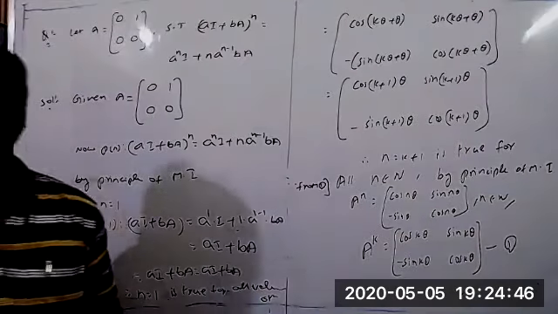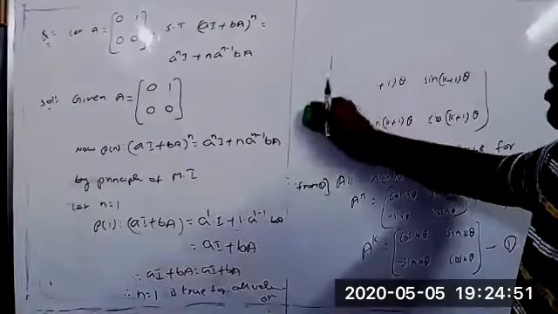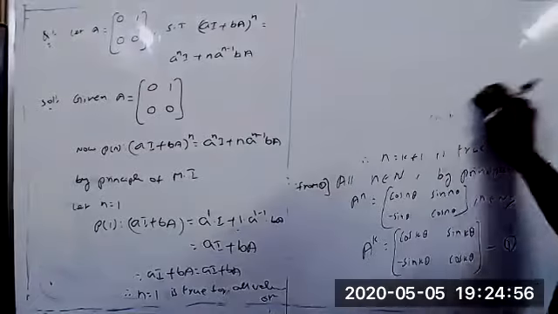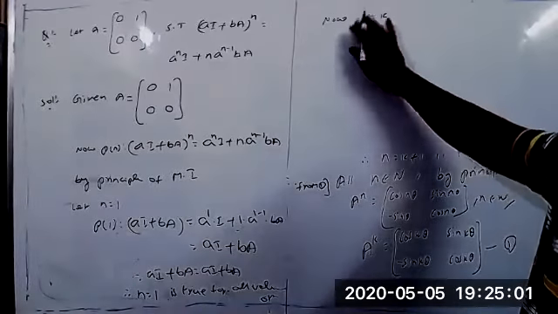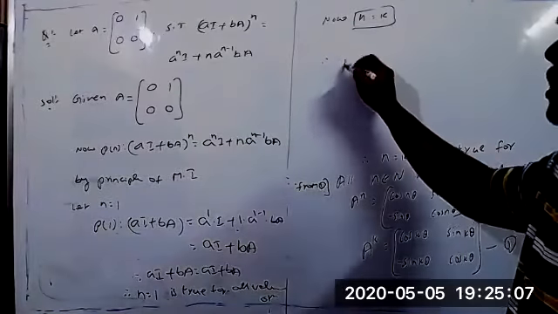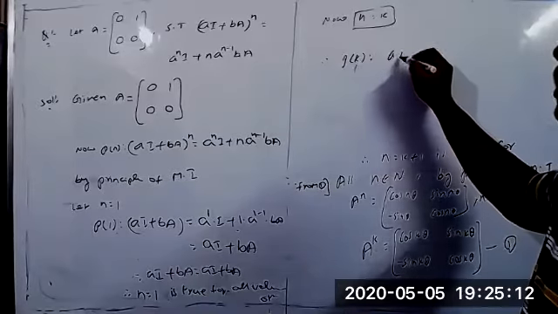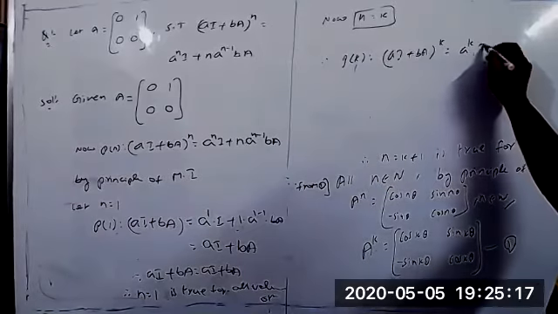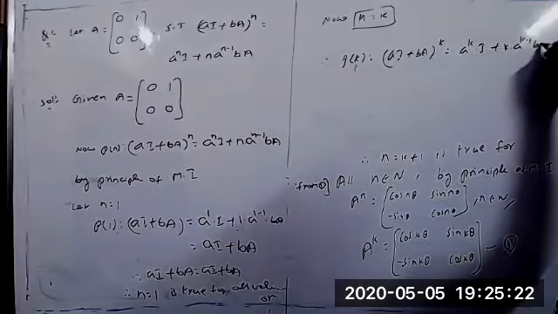This is the first statement. Now what is the second condition? The first condition is satisfied, so now take n equal to k. Substituting n equal to k, this is P of k: (aI + bA) whole power k equal to a power k into I plus k into a power k minus 1 into bA.